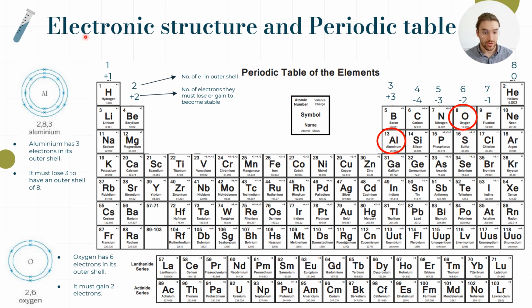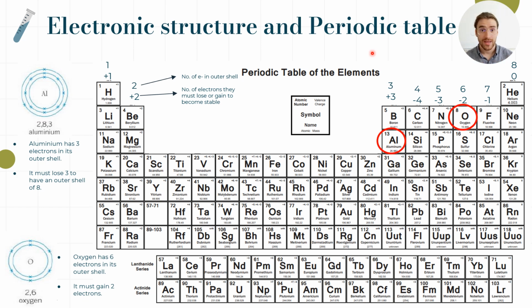Now groups 1, 2, the transition metals, and 3, or you can say groups 1 to 13, it is easier for these elements to lose electrons than it is for them to gain electrons. So they are going to form positive ions when they lose electrons.